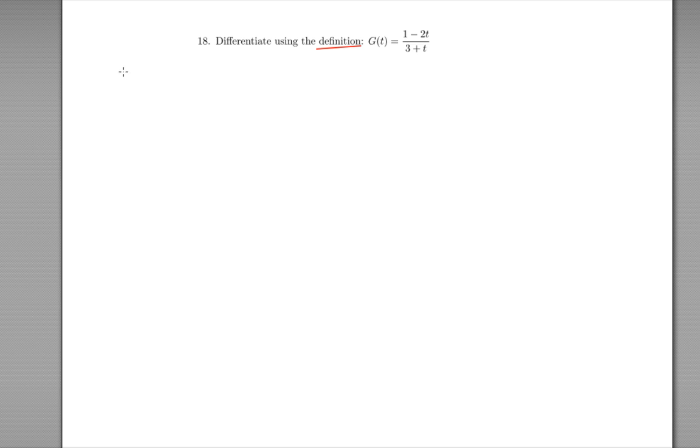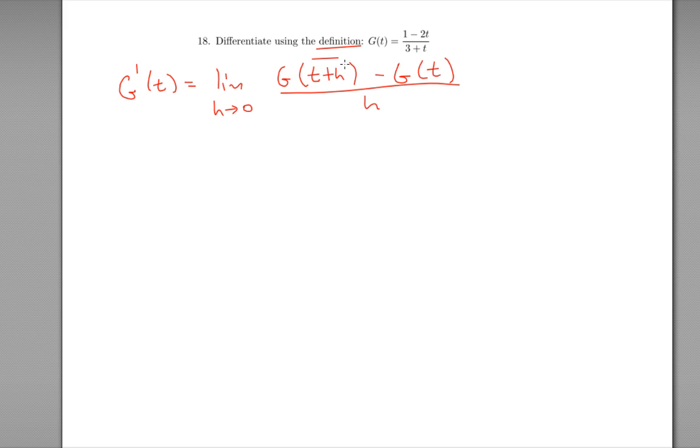So the definition says that g prime of t is equal to the limit as h goes to 0 of g of t plus h minus g of t, divided by h. So the first thing that most people stumble on is what is g of t plus h? Well, it's actually much simpler than you could possibly imagine, and that is g of t plus h means take t plus h and stick it into your function wherever you see a t.